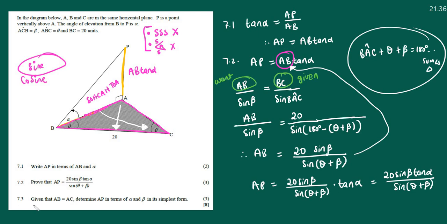Not difficult. 7.3, I believe you can easily get that one, guys, right? So AP, in terms of alpha and beta in its simplest form, you're given AB is equal to AC.